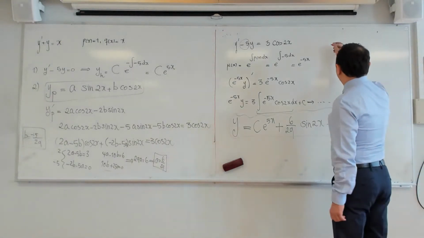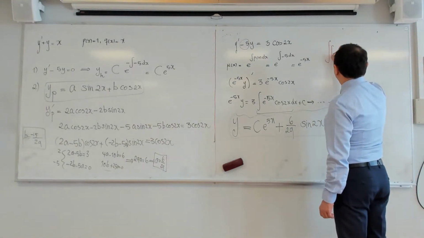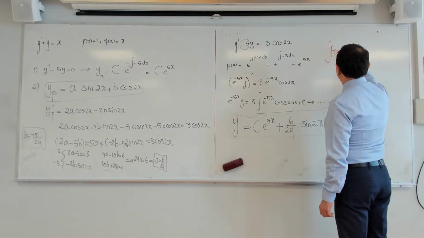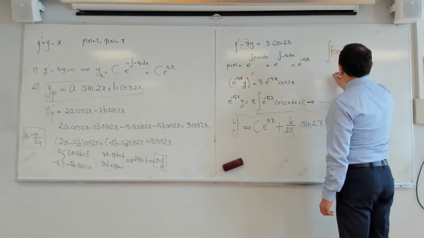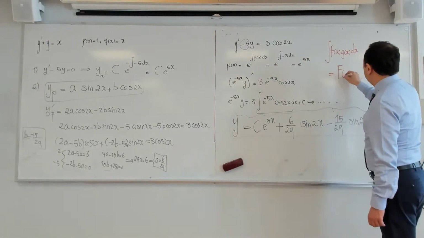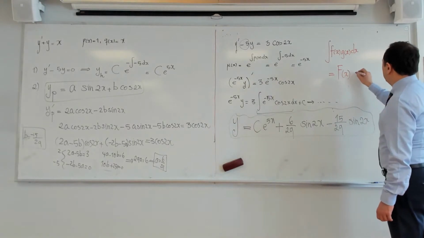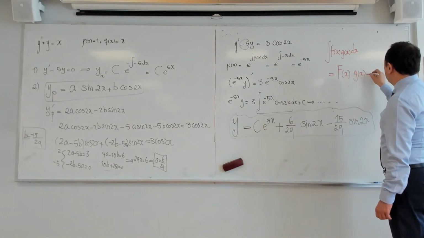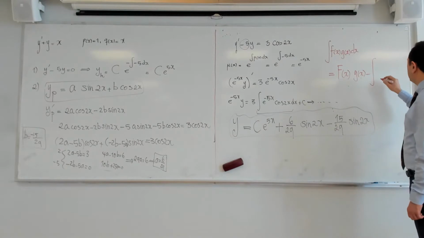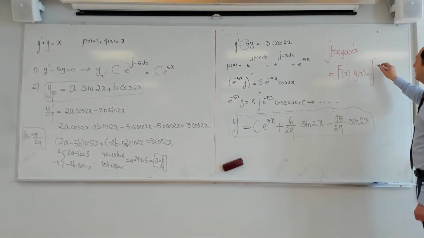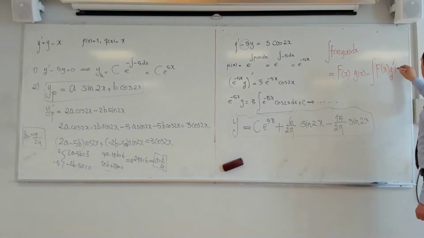So you cannot rely on my memory for this formula, but yes, we can. Yeah, so this becomes capital F of x times g of x minus the integral of f of x multiplied by g prime of x dx.